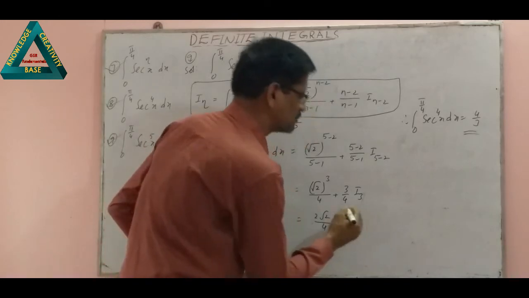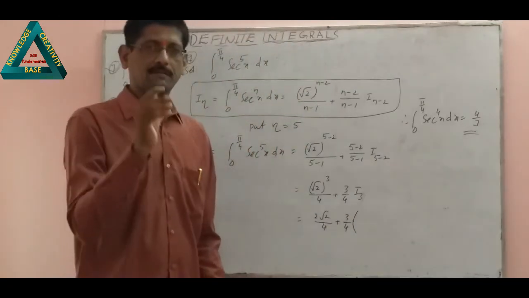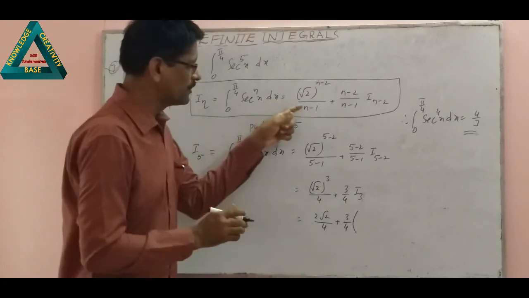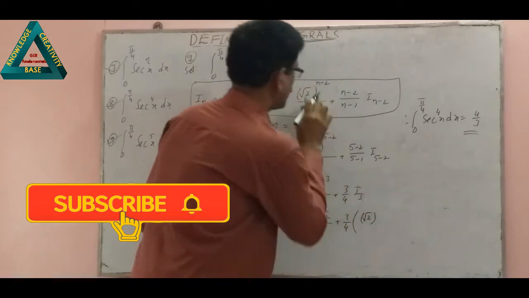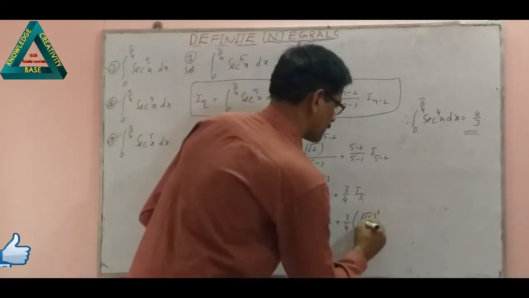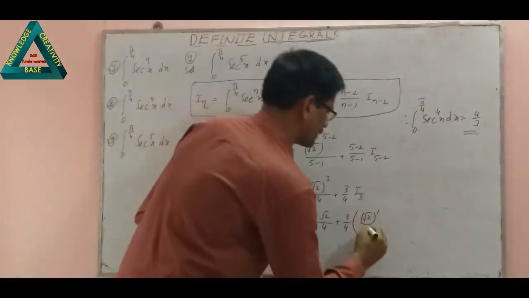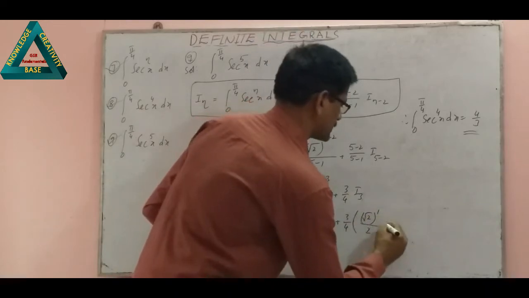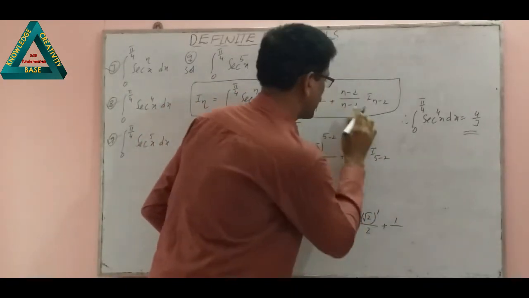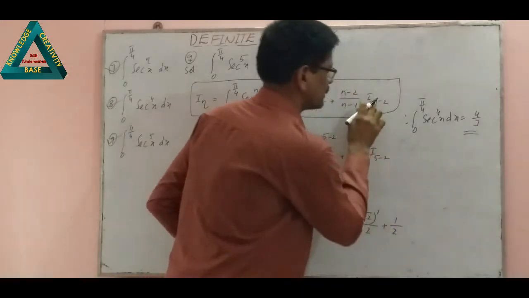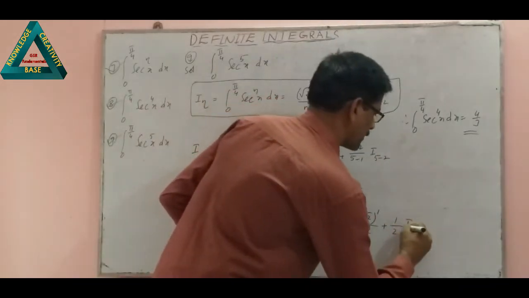into, what is the value of I3? Again put n is equal to 3 in this result, that equal to root 2 whole power 3 minus 2 by 3 minus 1 plus 3 minus 2 by 3 minus 1 I(3 minus 2), I1.